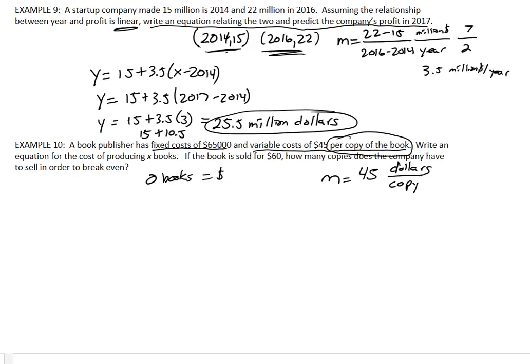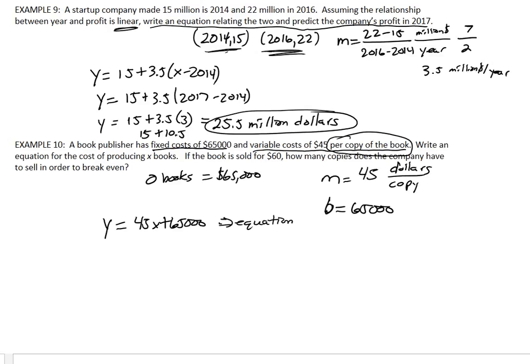Well, that's a y-intercept, because remember, when x is 0, that's b, which is 65,000. So y equals mx plus b, y equals 45x plus 65,000 would be our equation.